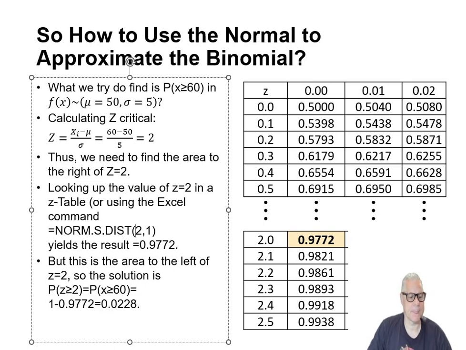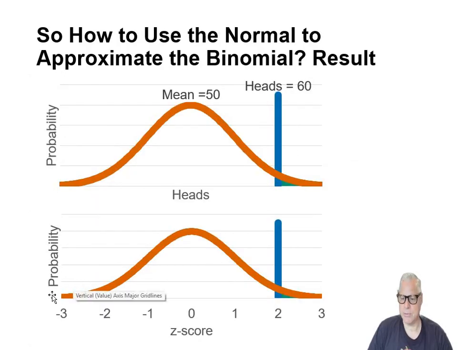That's the same result. And this is what it looks like graphically. We want to know the probability of getting 60 heads or more. Well, that corresponds to a z-score of 2, and the corresponding area to the right is some 2.2%.